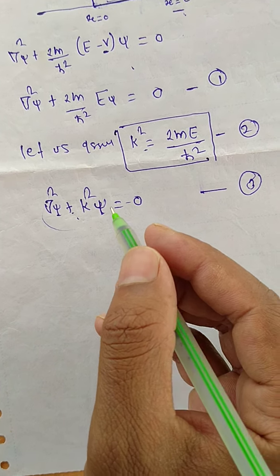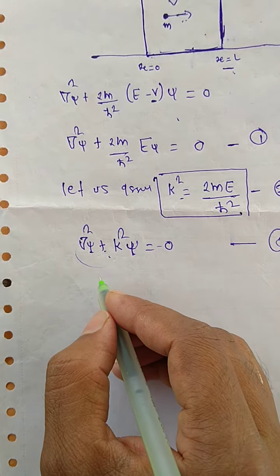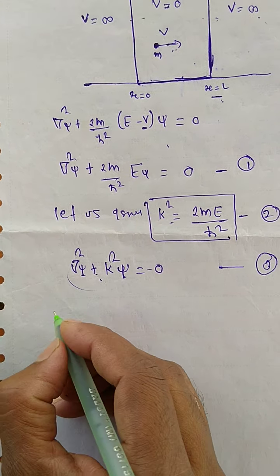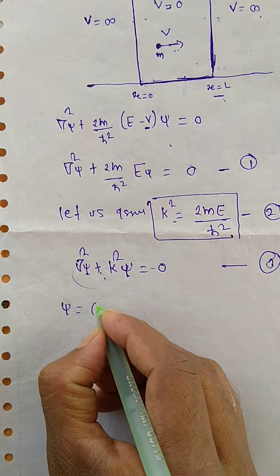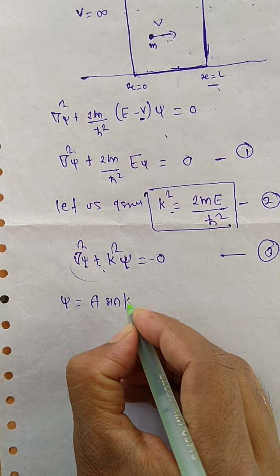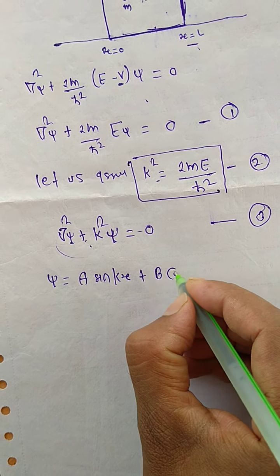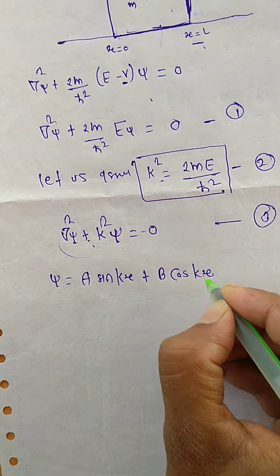According to the variable separable method, the general solution of this wave equation is psi is equal to a sin kx plus b cos kx.